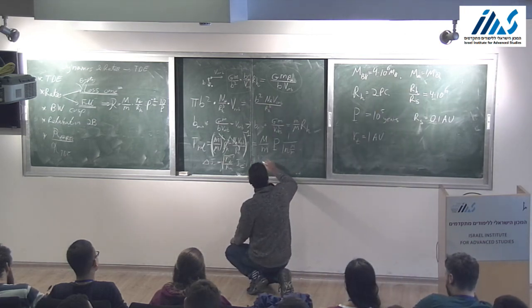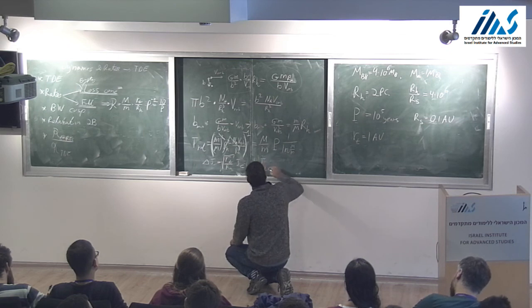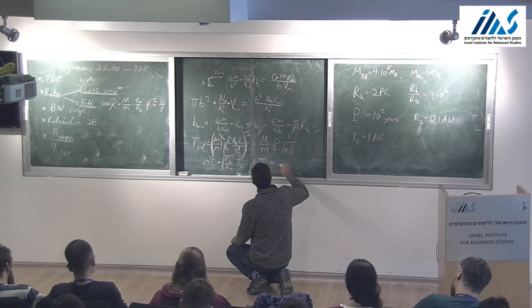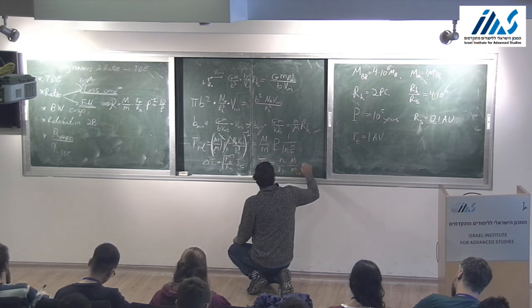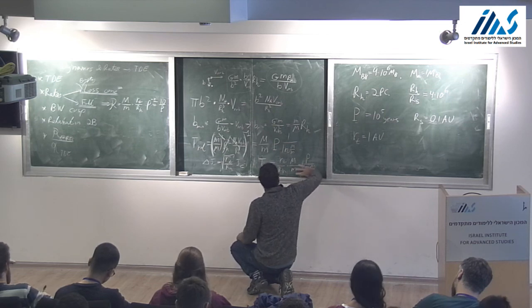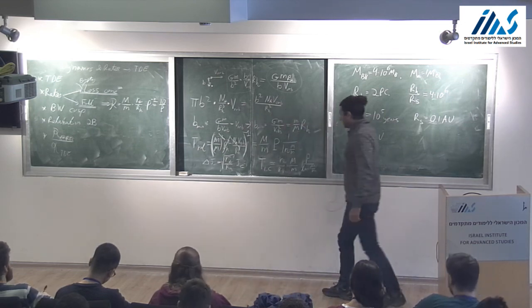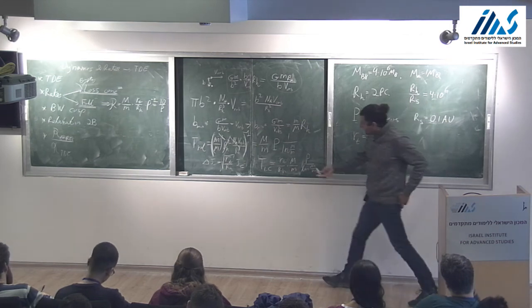So the time scale that it takes to fill the loss cone is about RT over RH times this time, M over M, times P, divided by that logarithmic factor. So let's see, what did we get here?